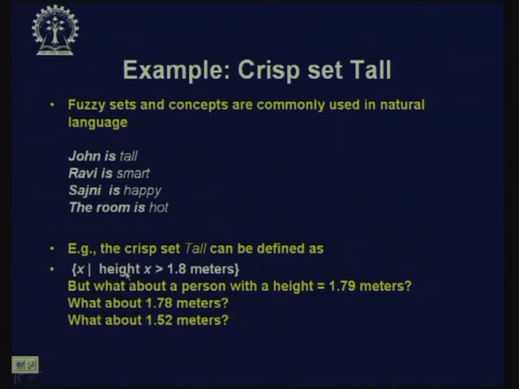X is coming from the set height, and we say that all the x which are greater than 1.8 meters will belong to the set tall. So, tall is a set consisting of all x where x is greater than 1.8 meters.